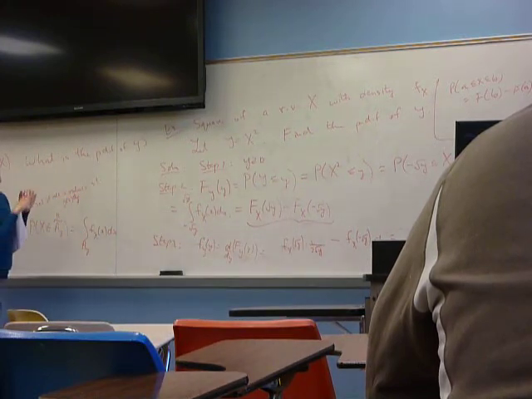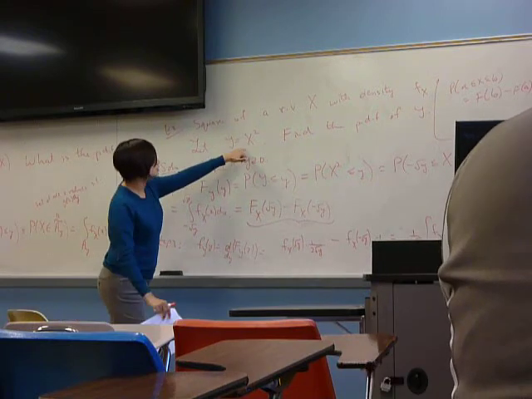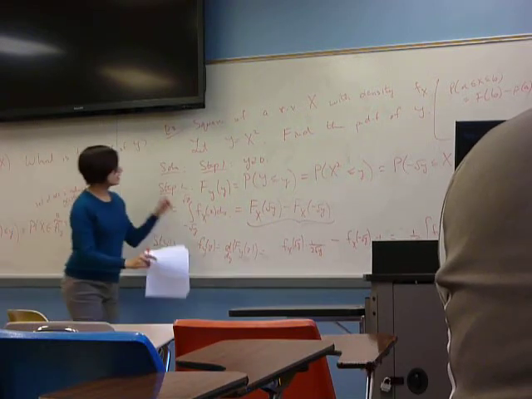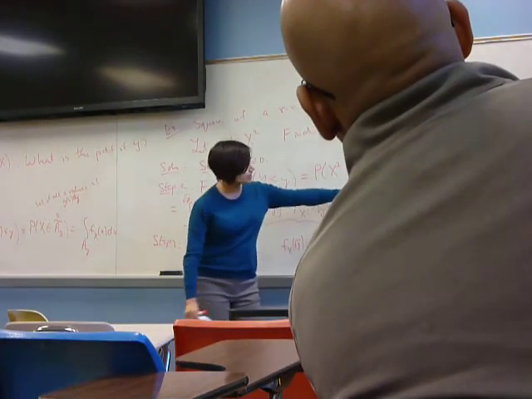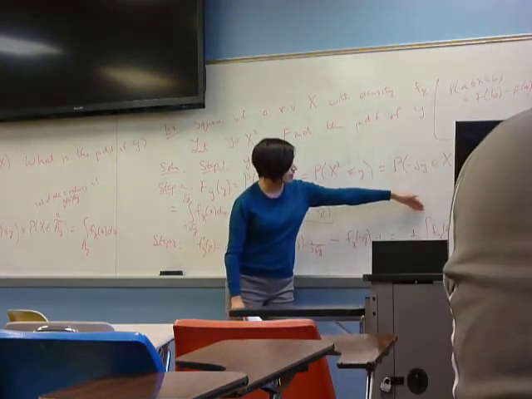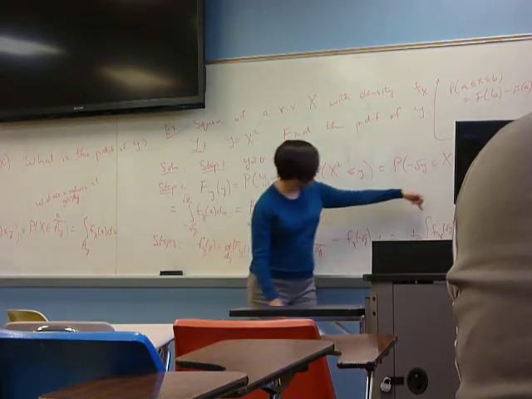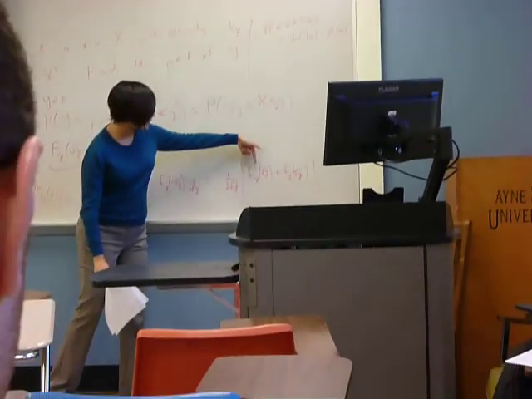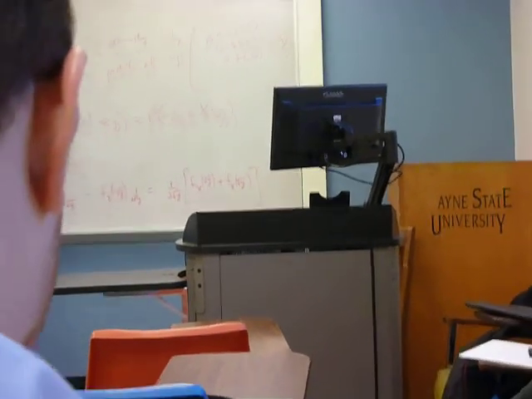So you see that if you're given any random variable x and you're asked to find the density function of the square of x, you can always use this formula if you want to memorize it. This is what the density function of the square of x will look like. It's like taking the average of the density function at square root of y and at negative square root of y, and dividing by square root of y.